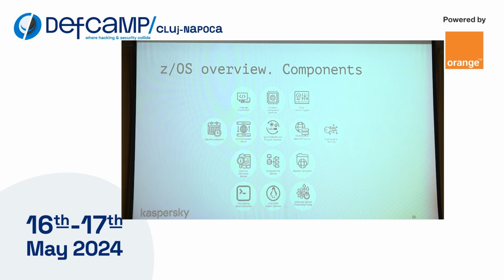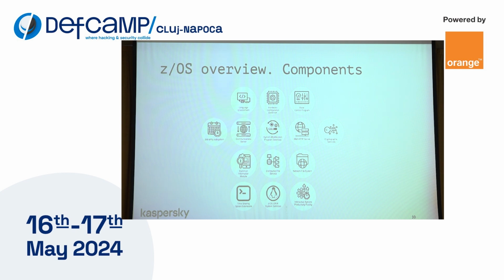It supports the Java language and the DB2 database and so on. But it also preserves the old principles of operation defined many years ago, in the 1960s, and maintains backward compatibility.